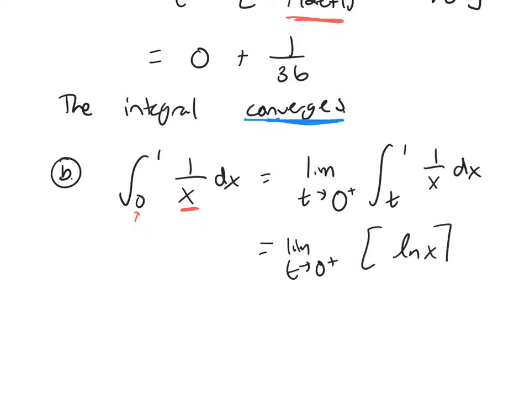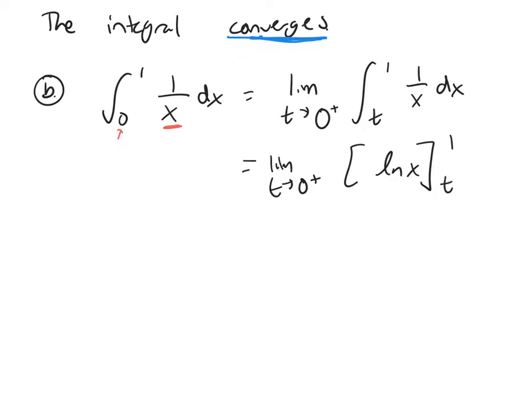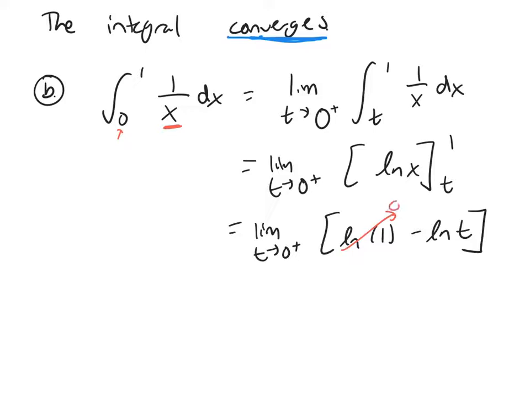It would be ln of x. And then top number minus bottom number, ln of 1 minus ln of t. ln of 1 is just going to be 0.